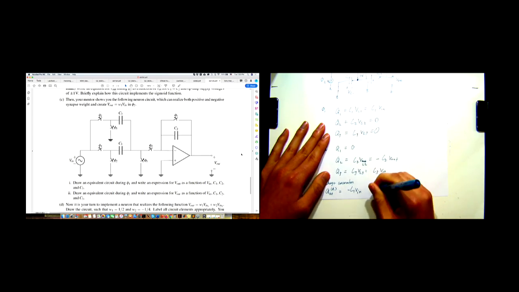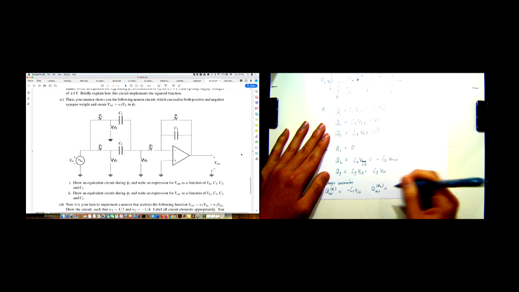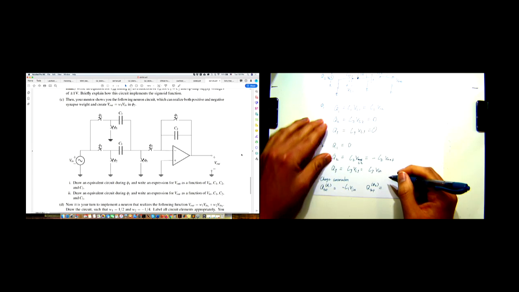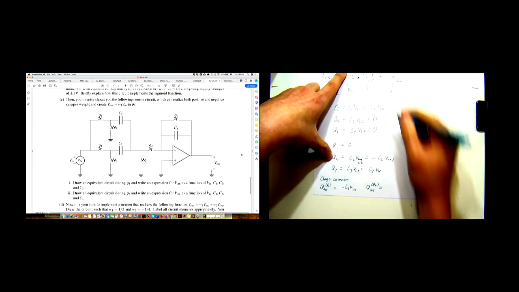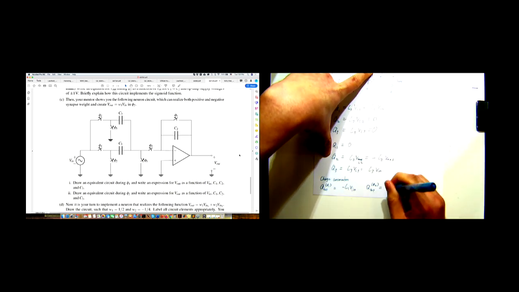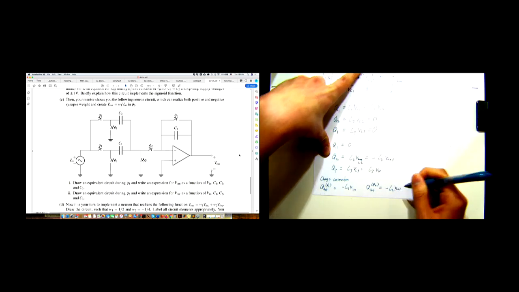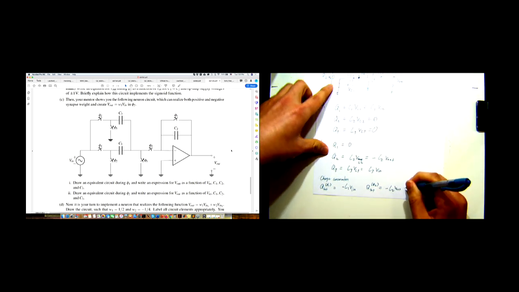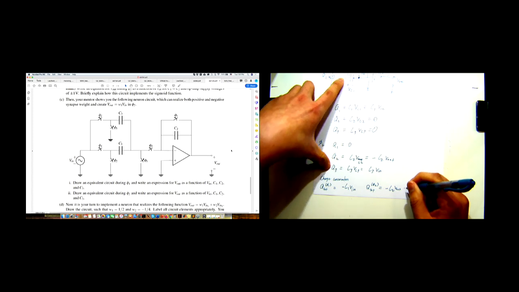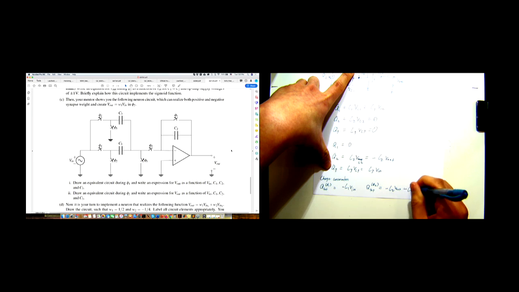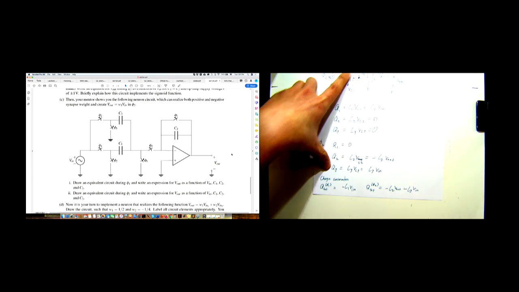And the total charge in phase 2 is equal to the positive Q2, which is negative C2 V out, and then the negative Q3, so it's minus C3 Vn.